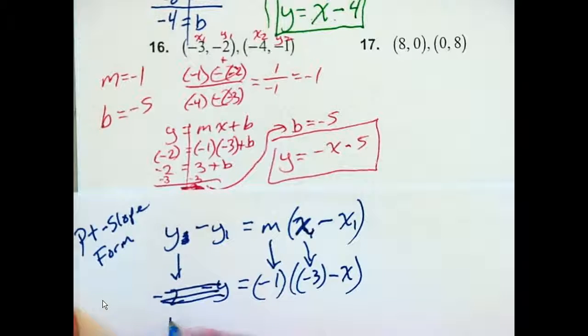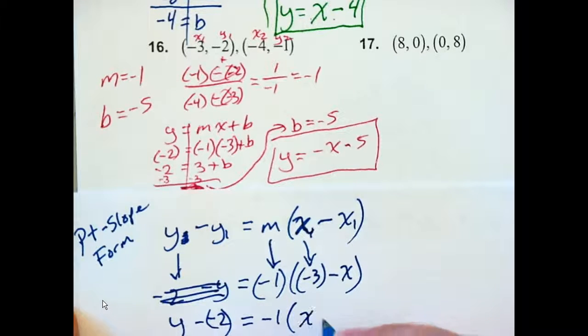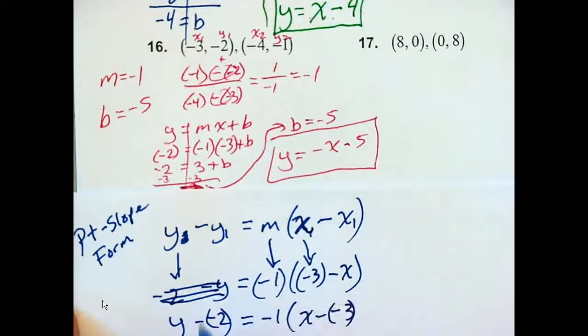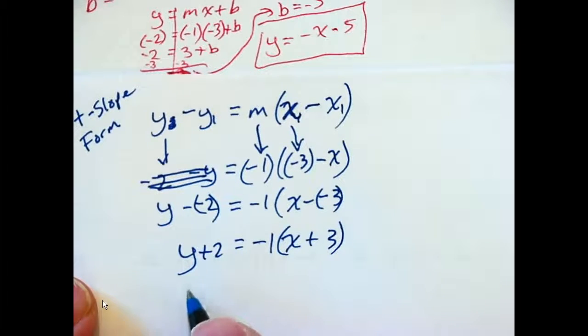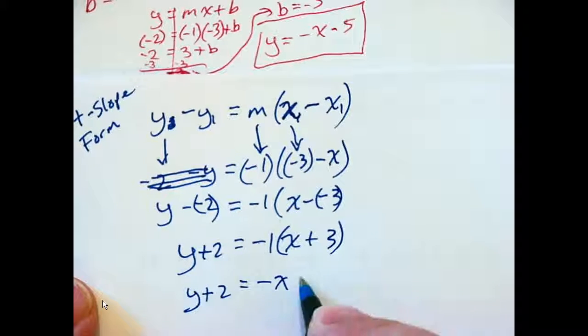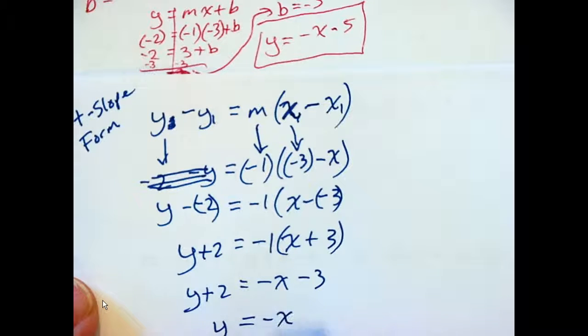Okay, so that should be y minus -2. And it should be -1 and x minus -3. But anyway, if you want to do that, that gives you y plus 2 equals -1 times x plus 3. Which then becomes y plus 2 equals -x minus 3. Or y equals -x minus 5.